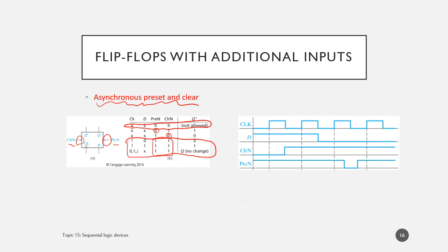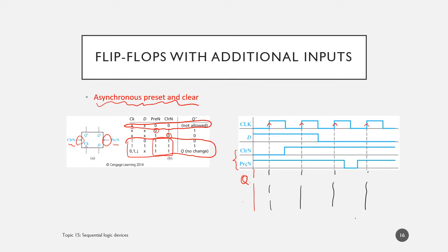Now again, let's use the timing diagram to test our understanding of this. Let's try to figure out the Q here. I have the clock edges at these locations. But in this case, we also need to observe the value of these two inputs, right?